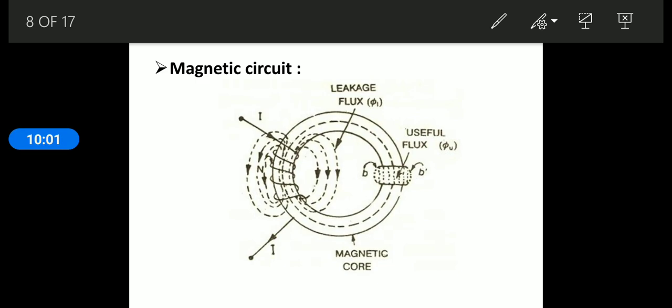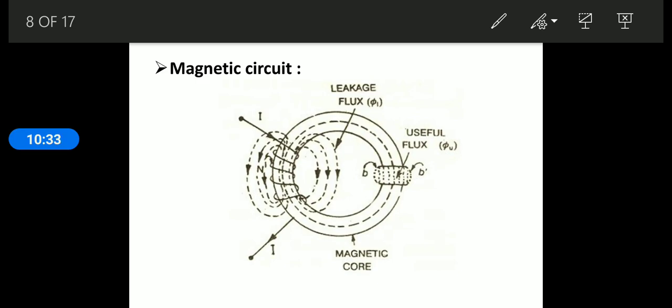This is the magnetic circuit. The magnetic circuit consists of an iron core. On the iron core, a coil is wound. When a coil has n number of turns and current flows through the coil, the magnetic flux is established in the magnetic core, and some magnetic flux is not confined within the core.